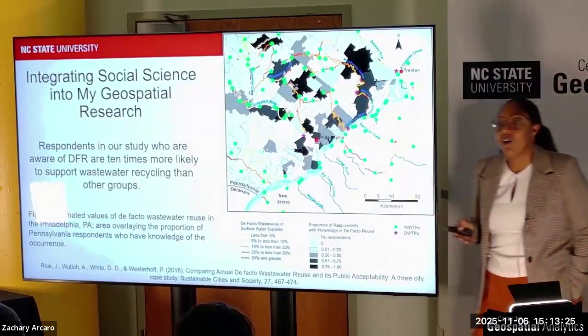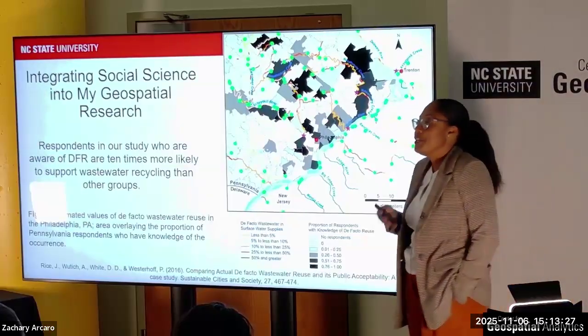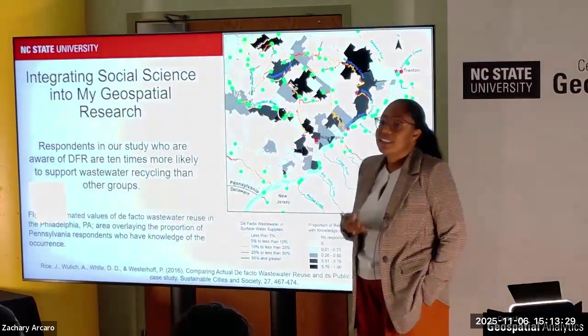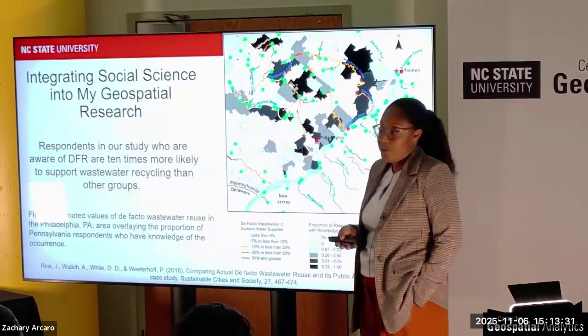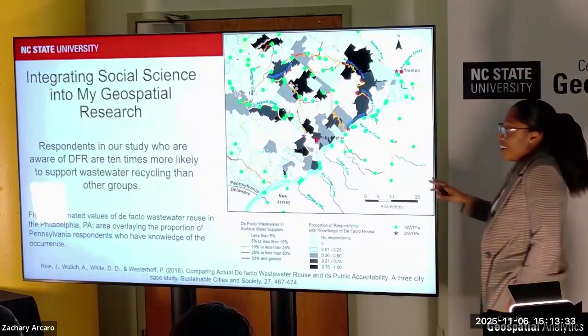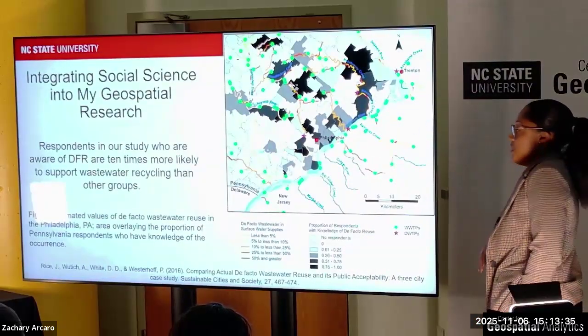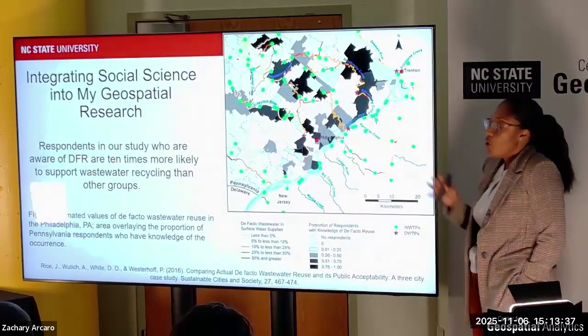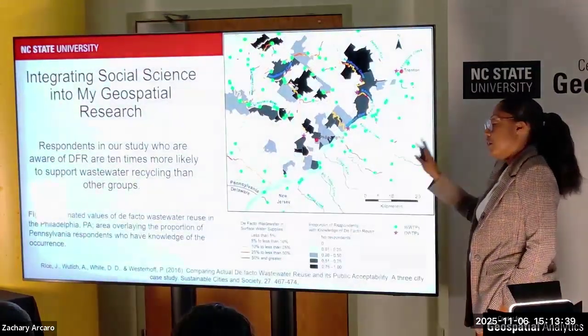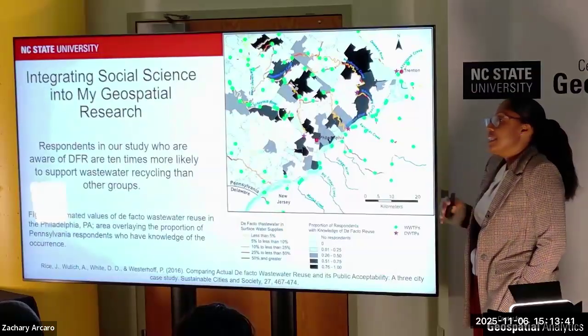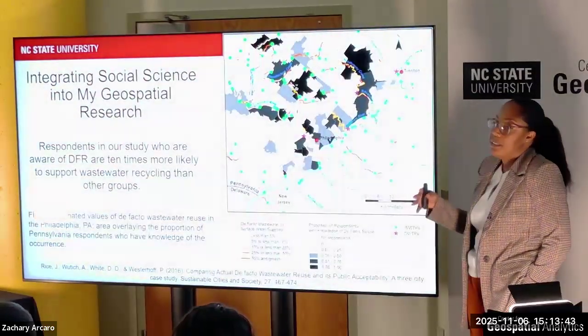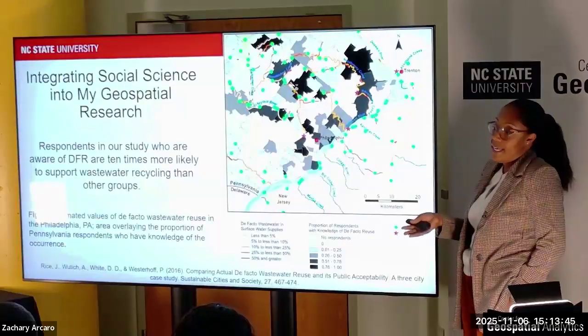If you're aware that all water has been reused in some way, are you more accepting of planned wastewater reuse? And we did find that, just from those 3 cities, the respondents who were aware of de facto reuse occurring within their area were 10 times more likely to be accepting of a planned wastewater reuse scheme.